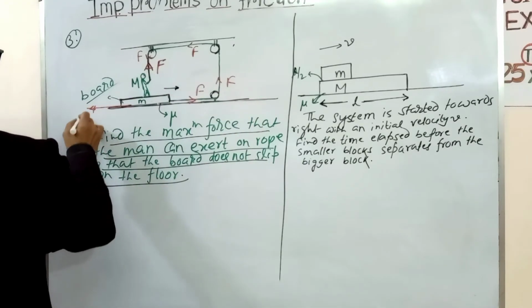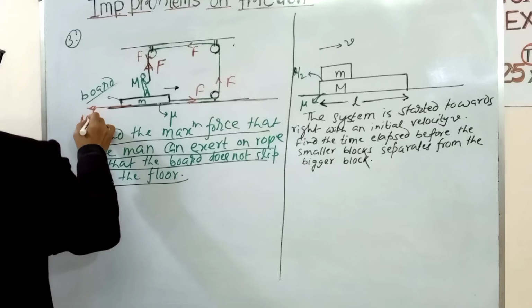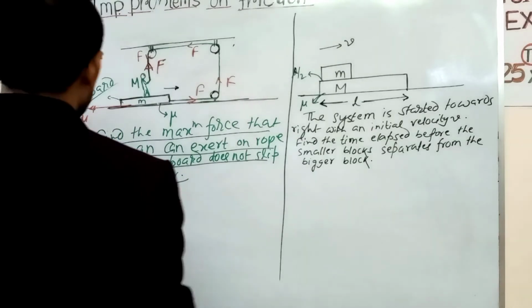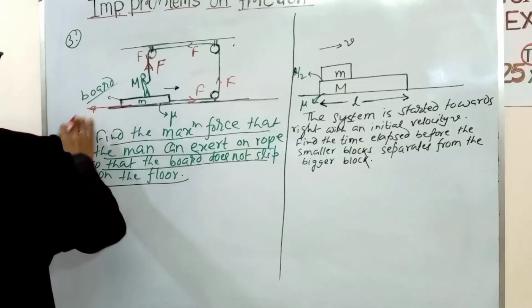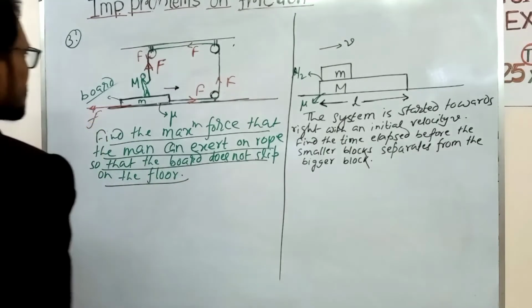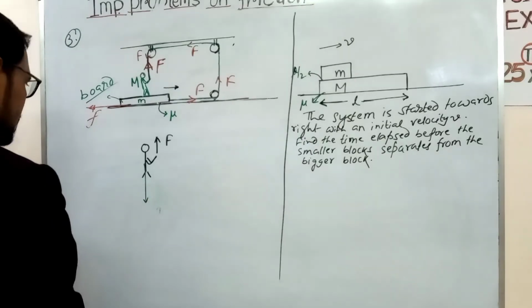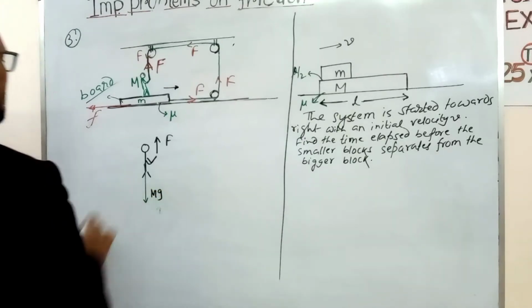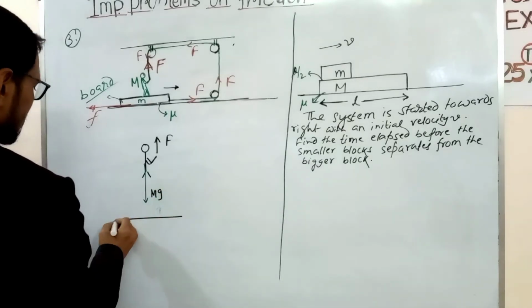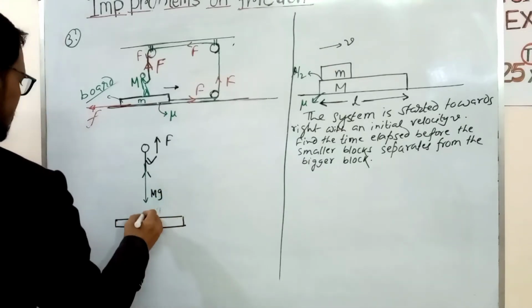The friction equals mu mg. Now what is the normal direction? We have drawn the friction. Now how do we calculate the friction force? This is the weight of the man, mg, and the reaction force. Now this is a board.